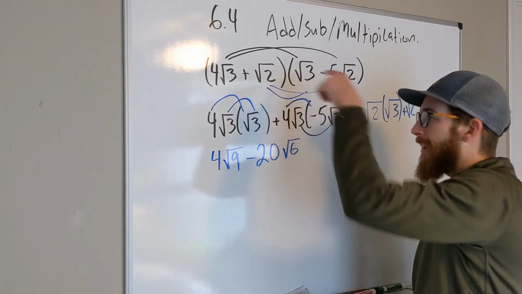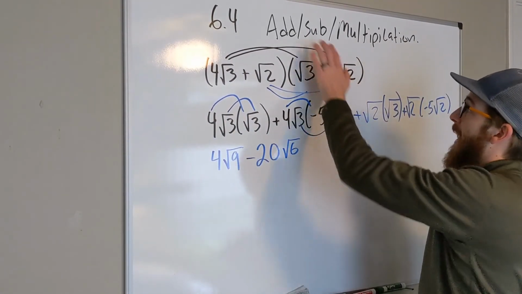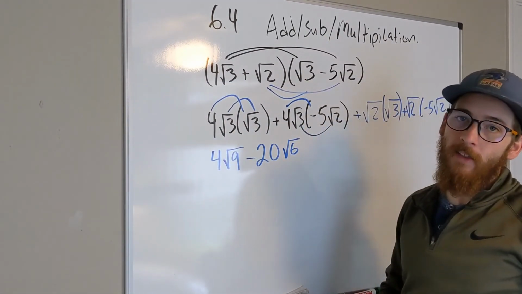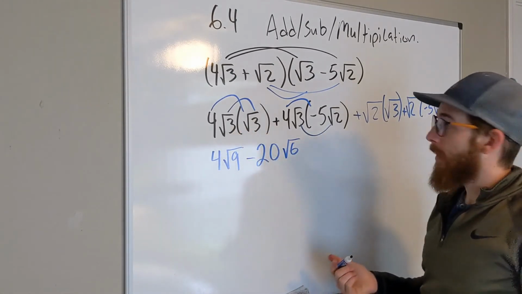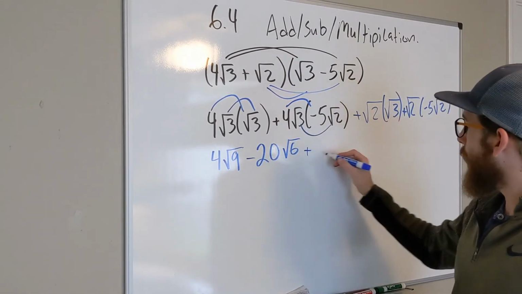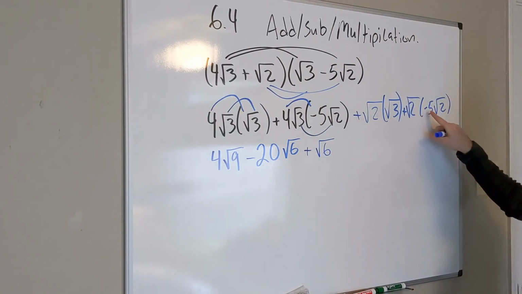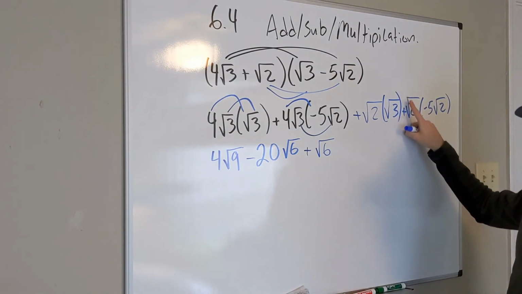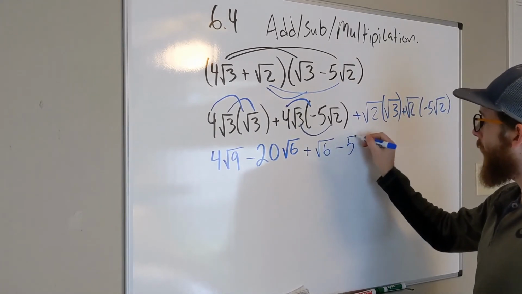Here, I distributed. Here, I'm following the rules for adding, subtracting, multiplying the radicals. Okay, so square root of 2 times the square root of 3, square root of 6. Square root of 2 times negative 5. Well, there's really a 1 here, so 1 times negative 5, negative 5.